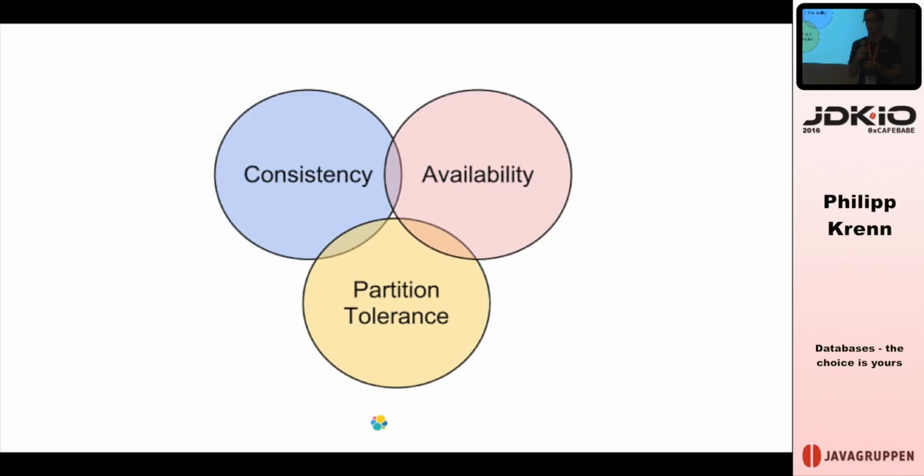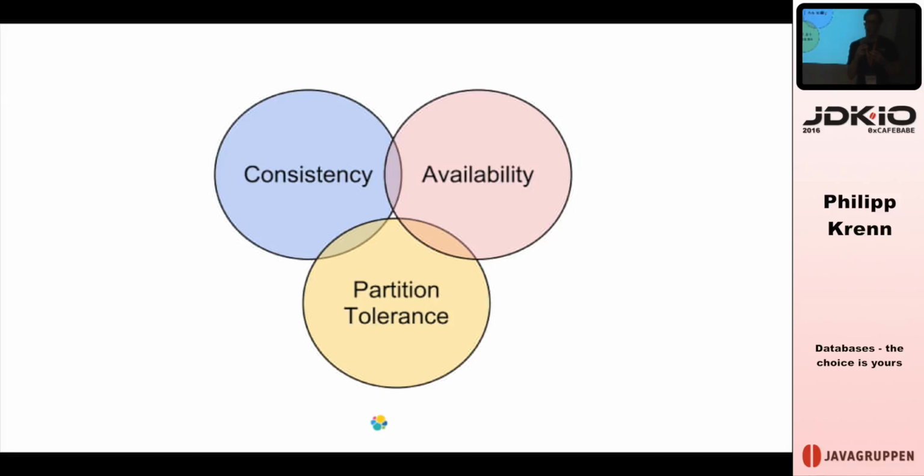This is obviously something you want. Different systems giving you different answers is probably very confusing. Secondly, availability. You want every node in your system that is actually reachable and available to be able to respond to your queries and not just say, nah, my cluster is in a bad state or something, cannot help you at the moment. You actually want all systems to interact with you.